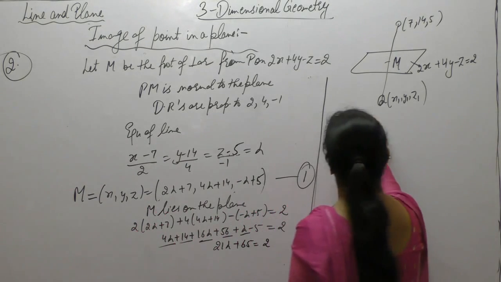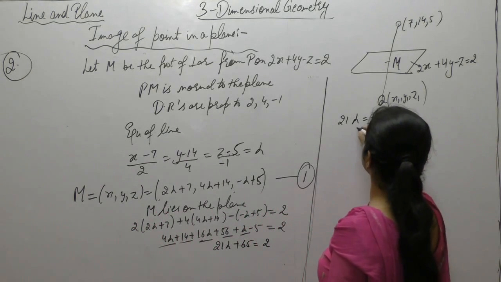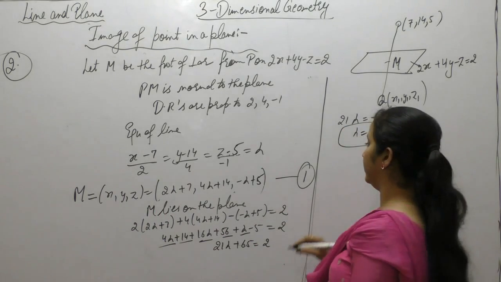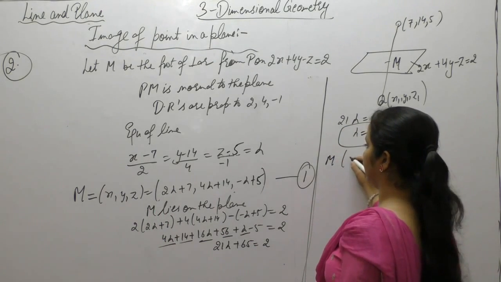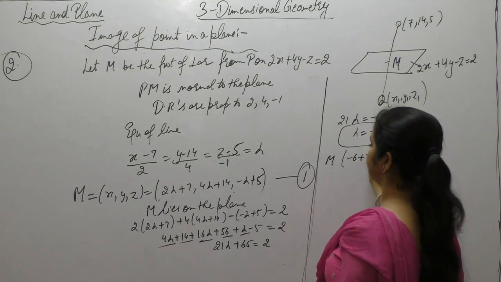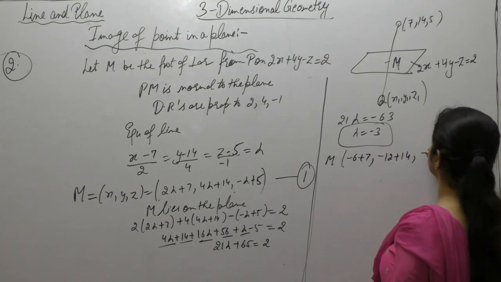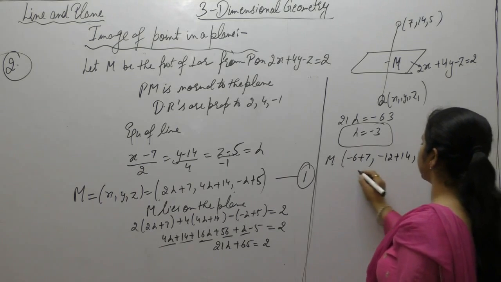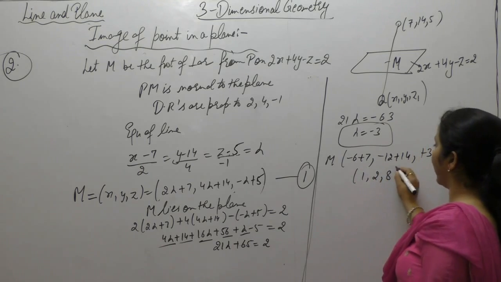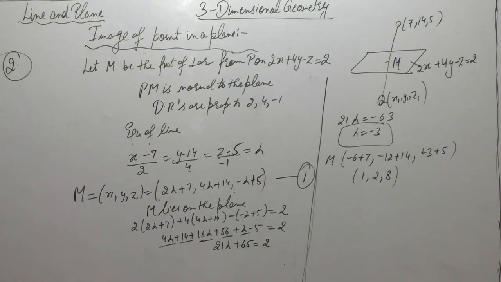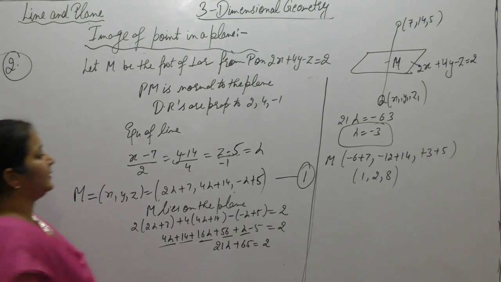So we get 21 lambda equals -63. Lambda is -3. Put the value of lambda: -6 + 7, -12 + 14, +3 + 5. So the point M has coordinates 1, 2 and 8.